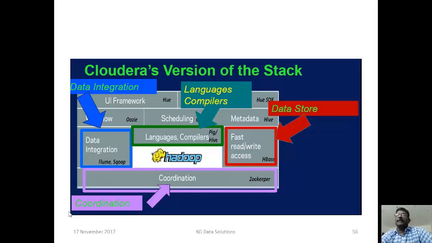The most popular, to my knowledge, is Cloudera, and you also have Hortonworks. These two are the leading vendors in big data. And you have Flume and Scoop.